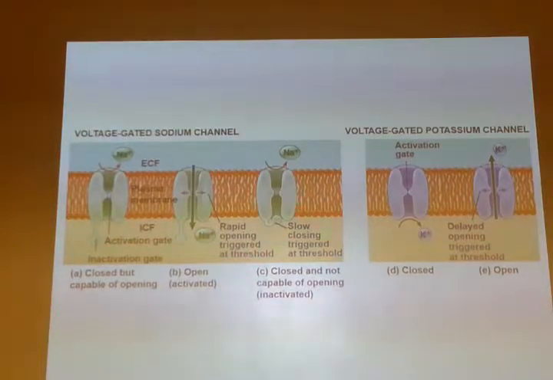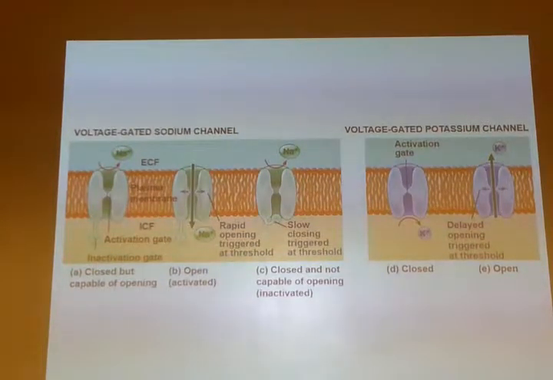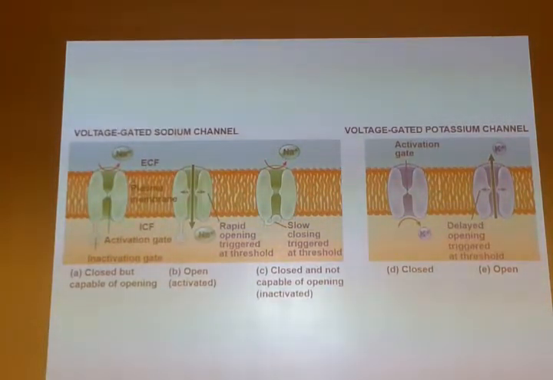So positive charge accumulating inside the cell is going to cause these channels to open. So you gotta have your membrane potential at plus 30 millivolts at the height of your action potential for these channels to open.